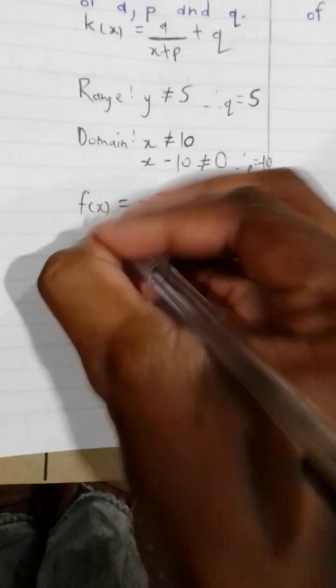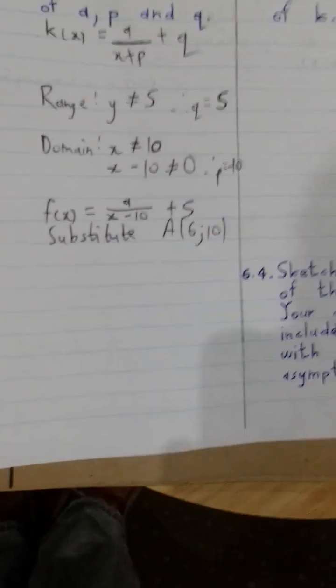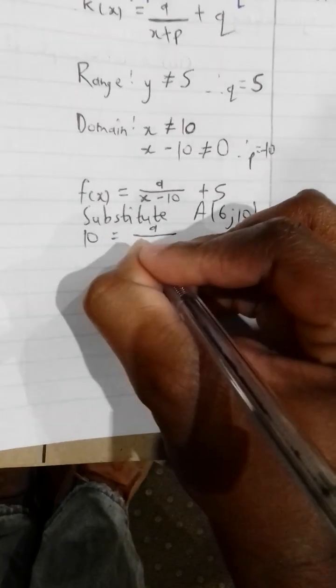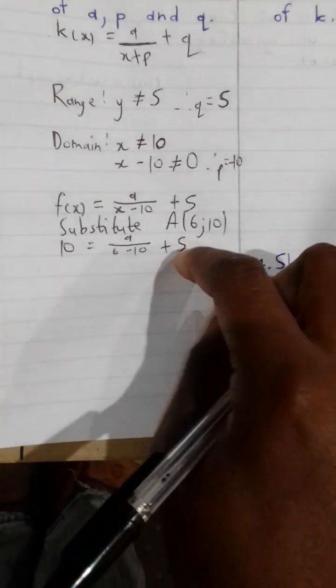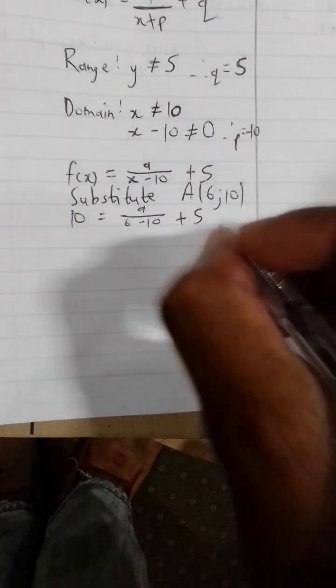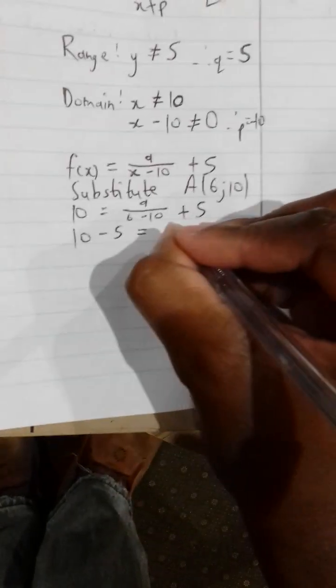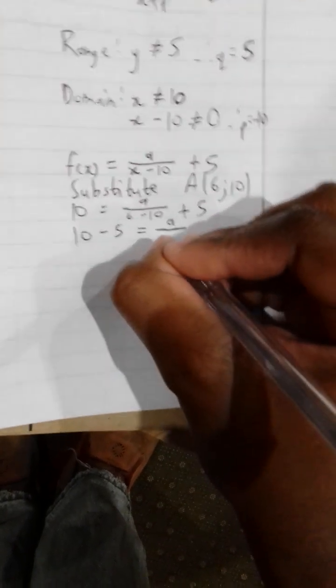Then we substitute a, using the point 6 and 10. 10 is equal to a over 6 minus 10, plus 5. 5 goes to the other side, it becomes negative 5. 6 minus 10 is negative 4.